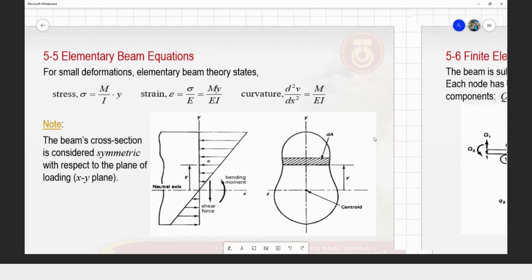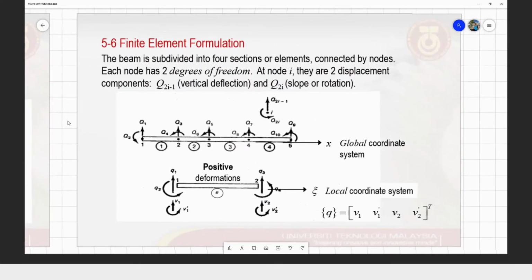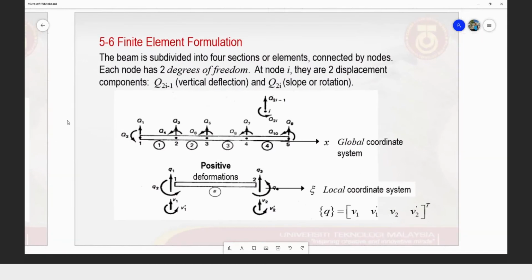Okay, now let's look first at the discretization of our beam elements, how we write the nodal points and element numbering, and its associated rotation and also deformation at each nodal point.